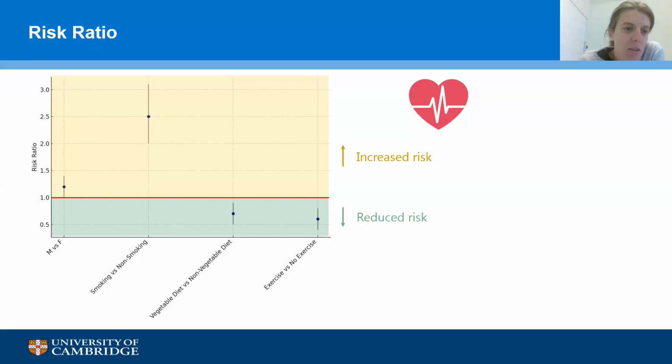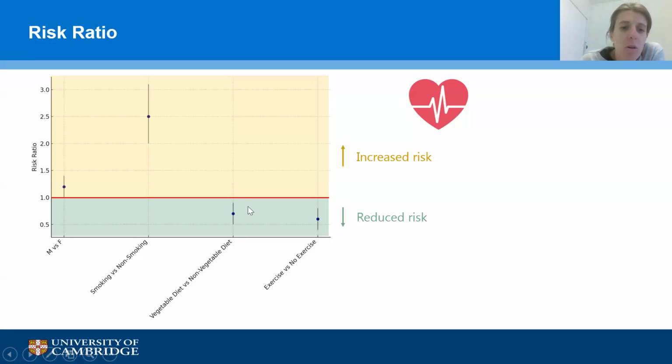So as you can see, the risk of cardiovascular disease in males versus females here is probably 1.23. So there is like a 20% higher risk to develop CVD in males versus females. And for smoking versus not smoking, we have a 2.5 times higher risk of CVD in smokers compared to non-smokers.